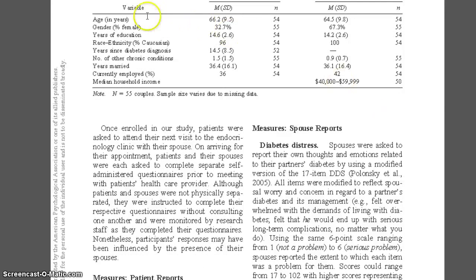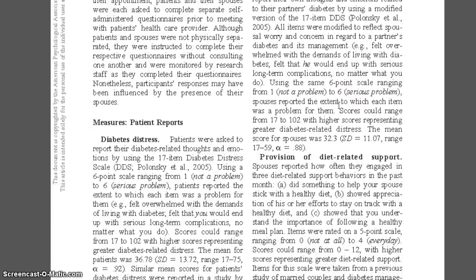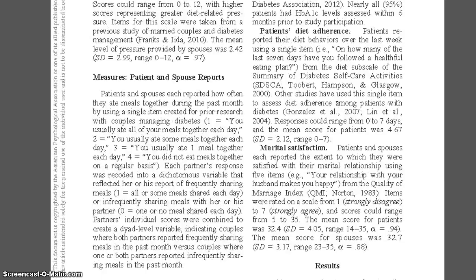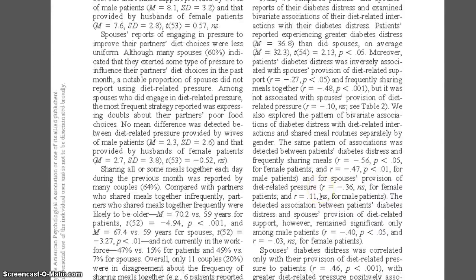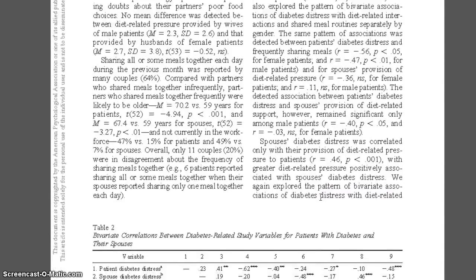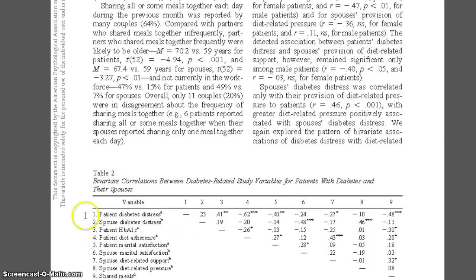You'll also see hints in these charts of things listed at T1 and T2 time points. In the results, that's where you'll find some more of those charts. This one is a cross-sectional. See, all of these variables, there's no T1 or T2, so it's a good chance that it's cross-sectional.